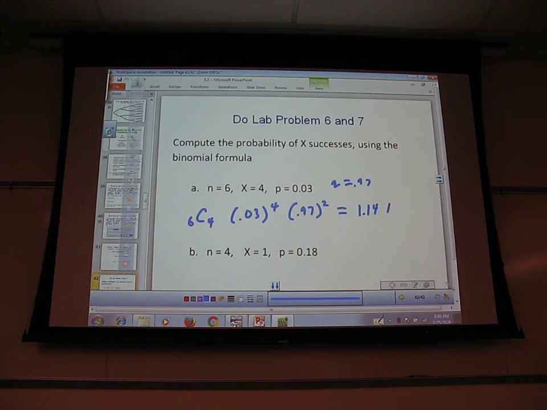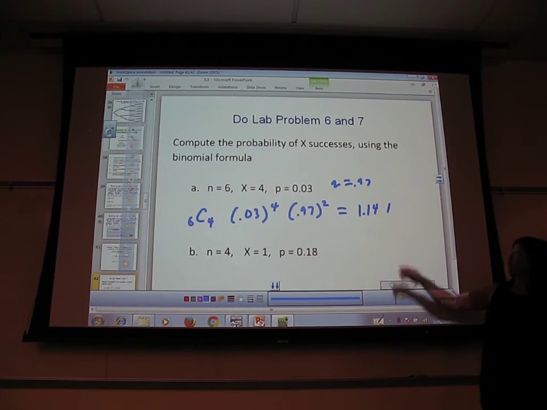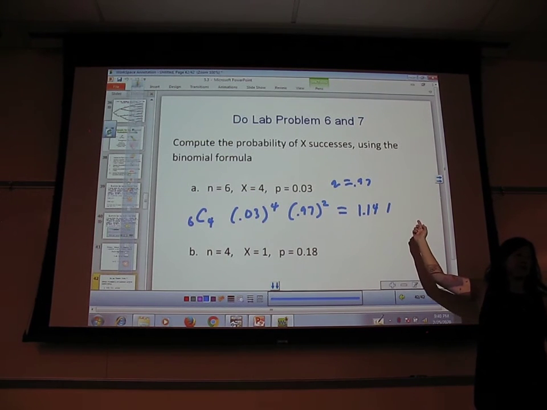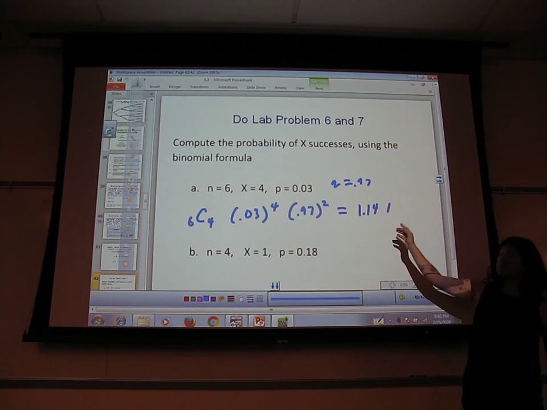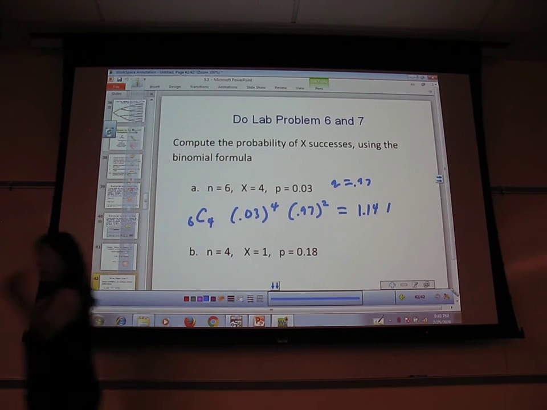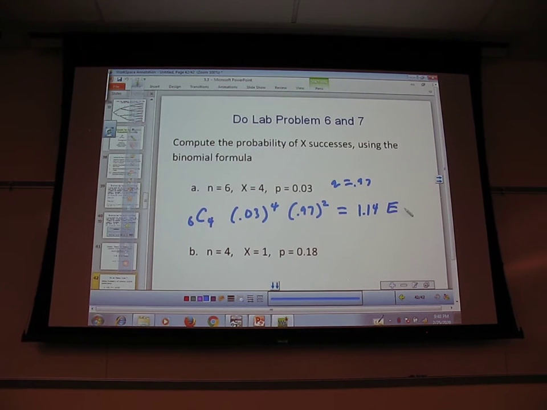E to the, so anytime you have a probability that's more than 1, it darn well better have an E negative something after it. Because you can never have 114% probability, right? So it's going to be E what? E negative 5.